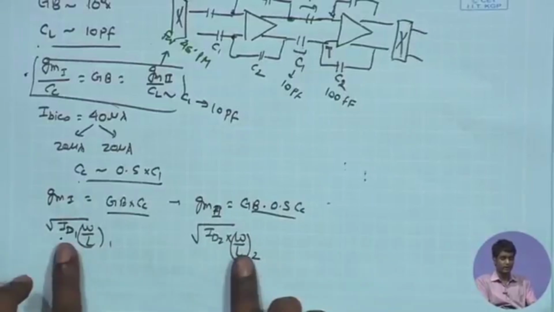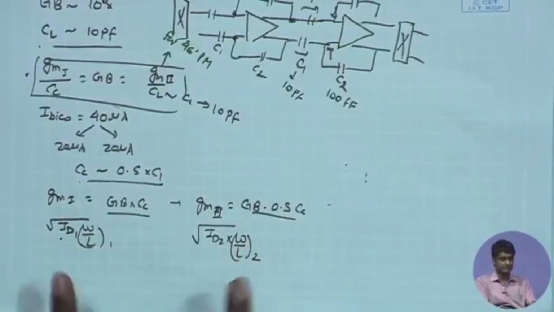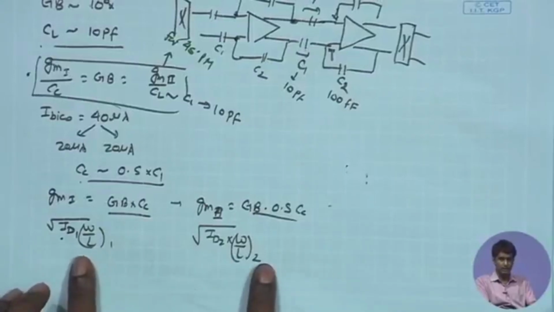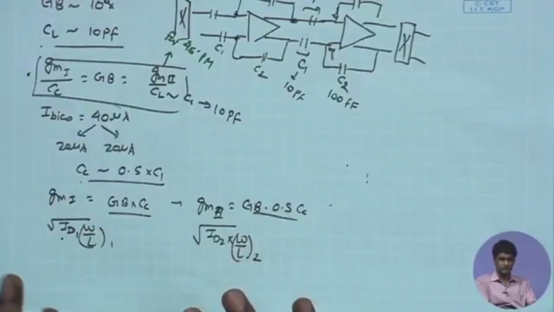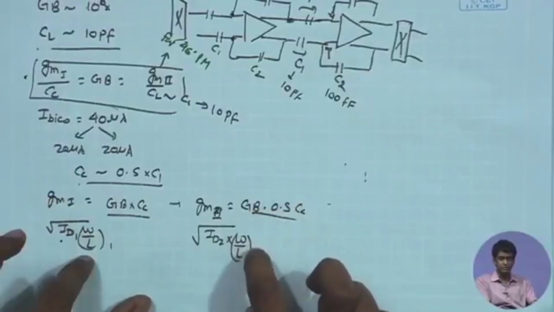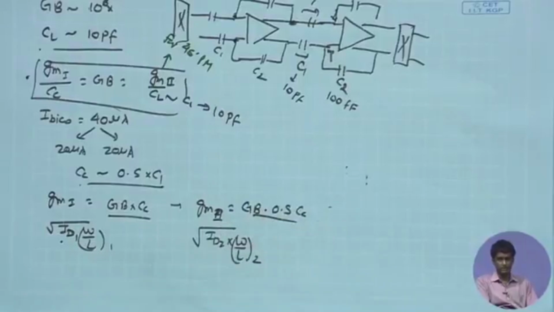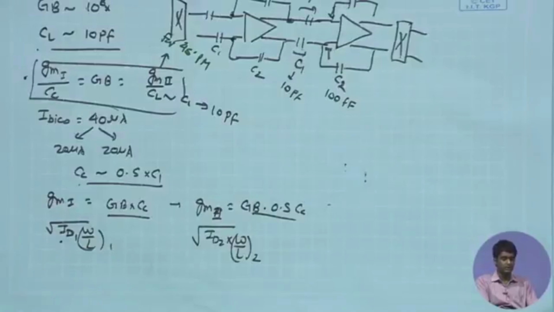I just allocated the same bias current in both the stages, and that would mean that the W by L1 and W by L2 ratios are also going to be similar, determined by this GM ratio. So, because the GM of one of them is half the GM of the other, the W by L ratio will be correspondingly 4 times. So, that was the deciding factor over here.